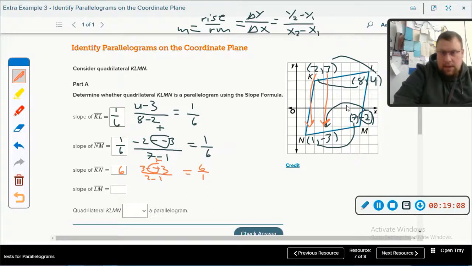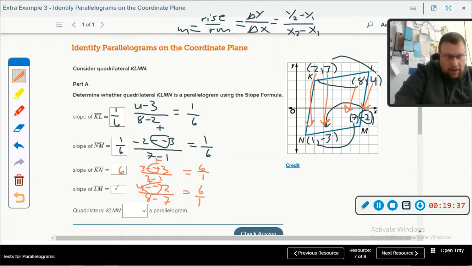And then last but not least, I'm going to subtract these two, so I'm going to have 4 minus negative 2, all over 8 minus 7. Again, that becomes plus. 4 plus 2 is 6. 8 minus 7 is 1.